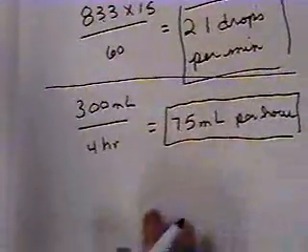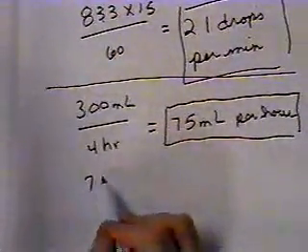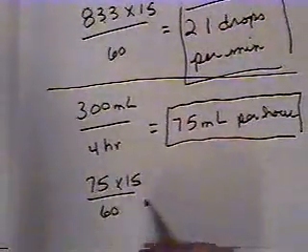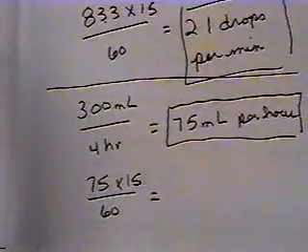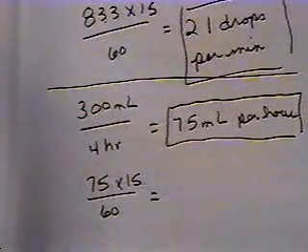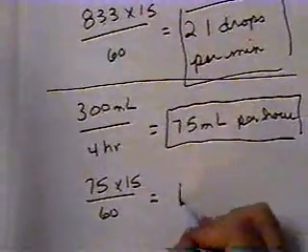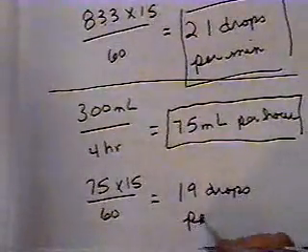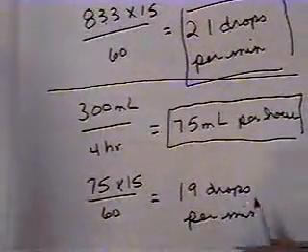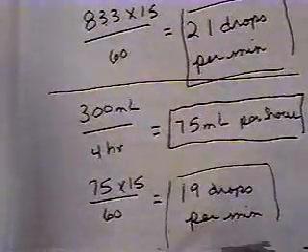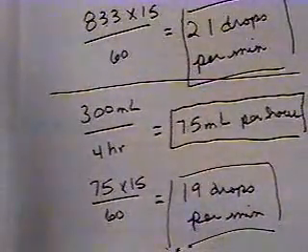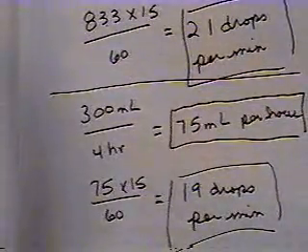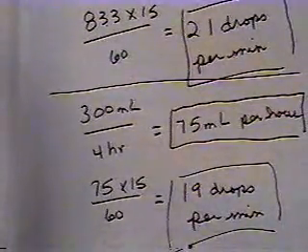So if I've reset it for 75, now I go 75 times the drop factor over 60. Or 19 drops per minute. So sometimes you have to go in and check and see if you need to adjust the IV.